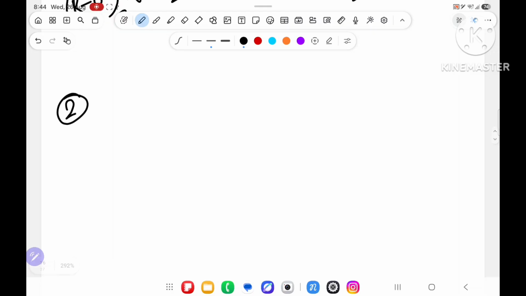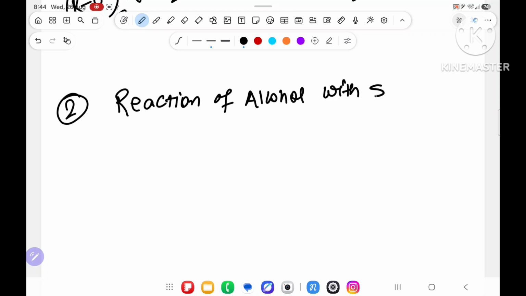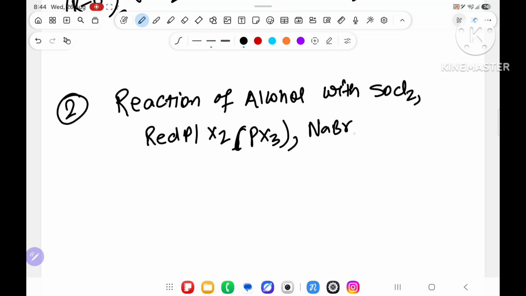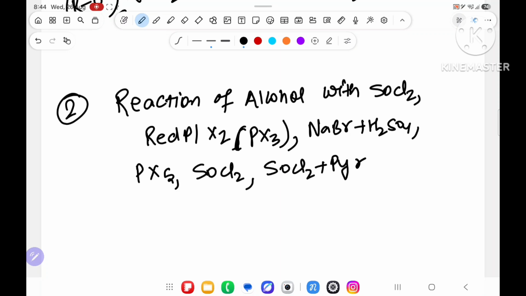Second chemical property, I will not dictate, but I am writing the heading that I have already dictated in haloalkanes, haloarenes. Same thing, why would I dictate 4 to 5 times. So over here, reaction of alcohol with either SOCl2 or red phosphorus in presence of X2, also written as PX3, or NaBr in presence of H2SO4, or PX5, or SOCl2 plus pyridine.